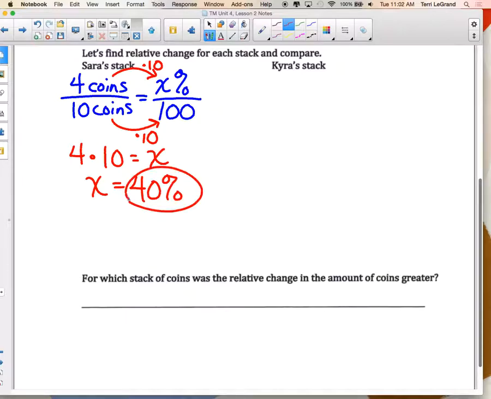Okay, so for all of us who thought maybe Sarah's relative change was going to be greater, that better be bigger than Kira's, huh? Okay, you find Kira's. Find Kira's percent of change.